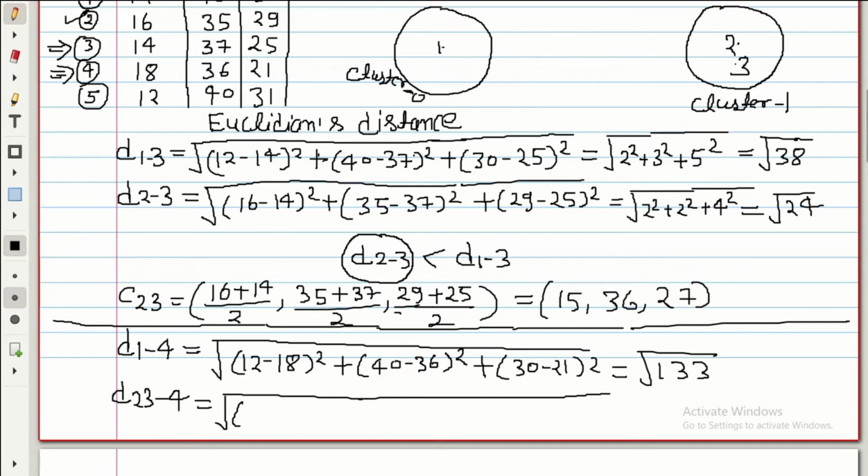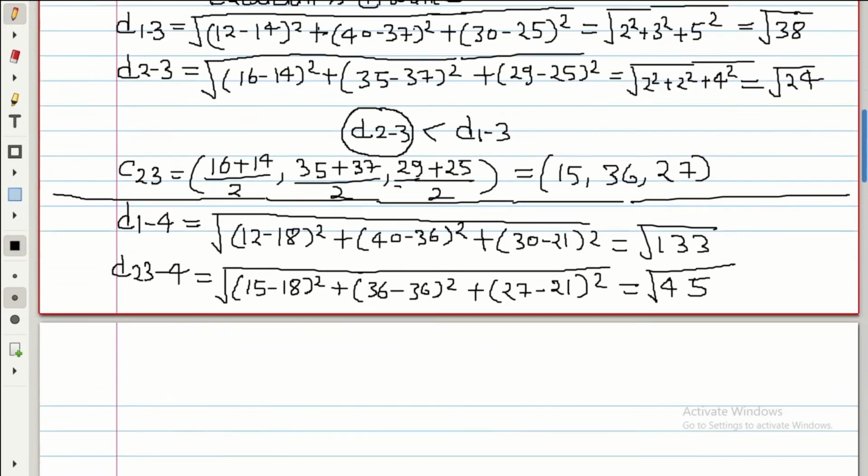It would be 15 minus 18 whole square plus 36 minus 36 whole square plus 27 minus 21 whole square, and that would finally be equal to under root 45.